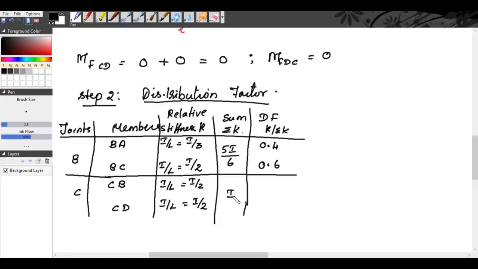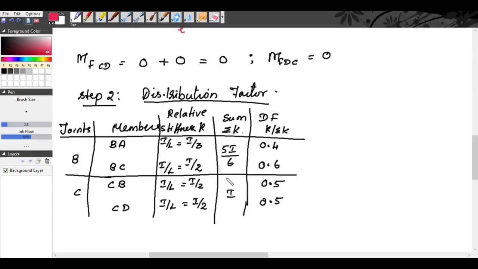I by 2 divided by I, we get 0.5 and 0.5. See, the summation should be equal to 1. If you add these both, you get 1. So at a joint, the summation of the distribution factors should be equal to 1. That is the meaning of that.